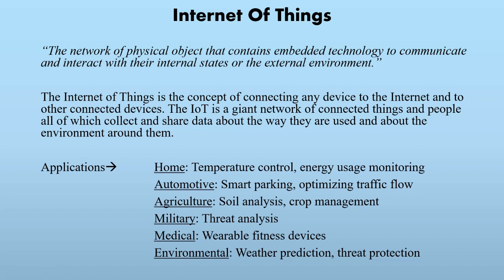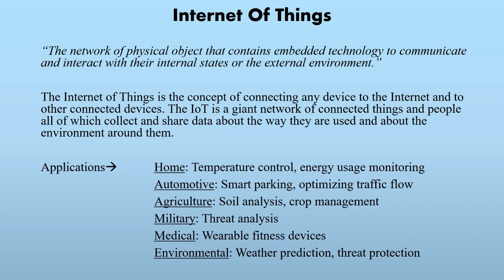The Internet of Things is the concept of connecting any devices to the internet and to other connected devices. The IoT is a giant network of connecting things and people, all of which connect and share data about the way they are used and about the environment around them.